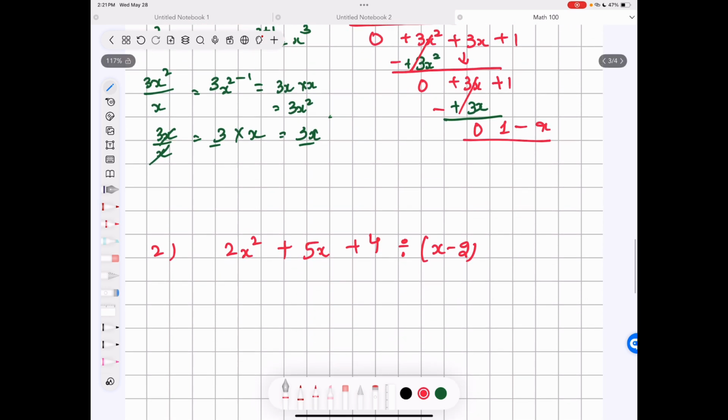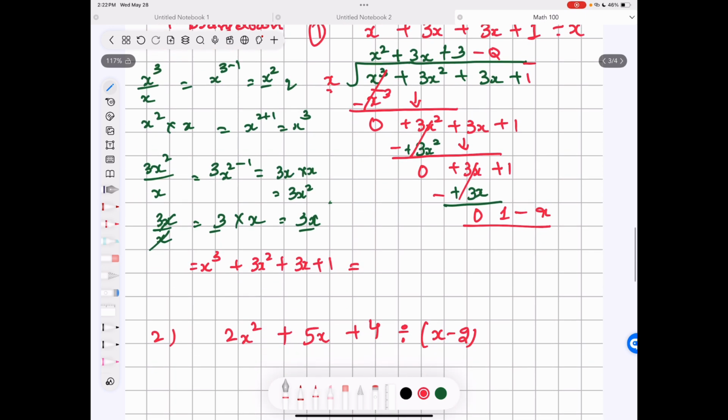So in order to write our answer, let me write it with this. x to the power 3 plus 3x squared plus 3x plus 1 is equal to, that was our quotient, x squared plus 3x plus 3.